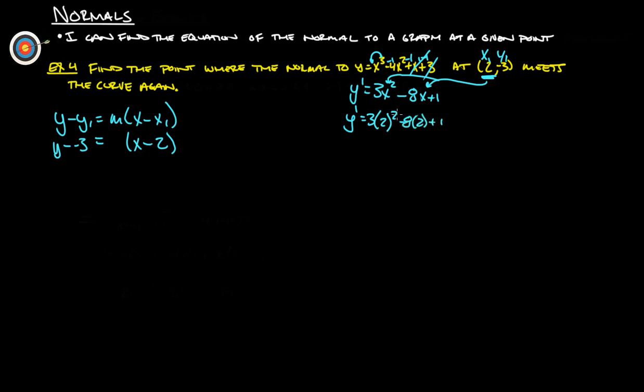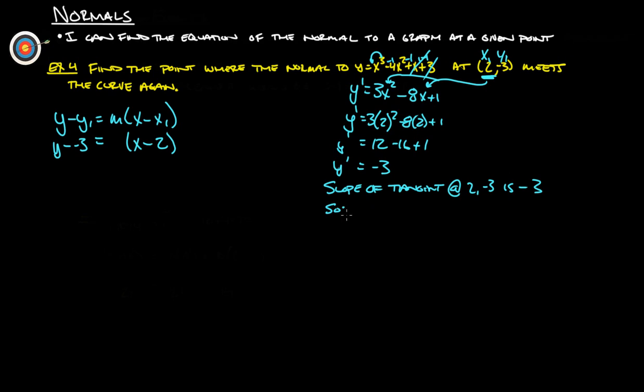So 2 squared is 4 times 3 is 12. And then negative 8 times 2 is negative 16 plus 1. So that gives us what? Negative 3. So that means the slope of the tangent at 2, negative 3 is negative 3.